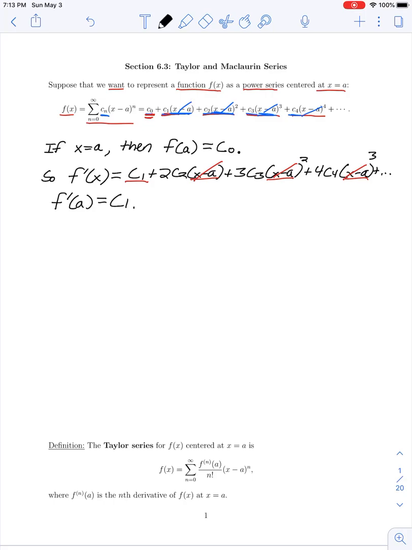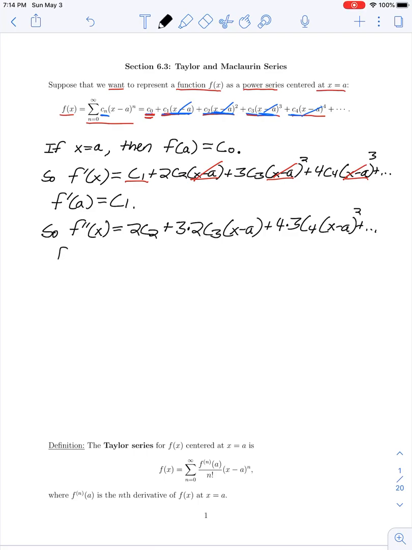So let's see if we can find our next coefficient, c2. So if I were to take my second derivative of this function, f double prime of x, I would have 2c2 plus 3 times 2, c3, x minus a to the first power, plus 4 times 3, c4, times x minus a squared, and so on.